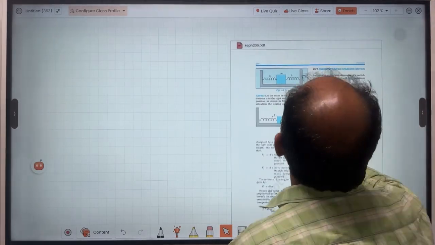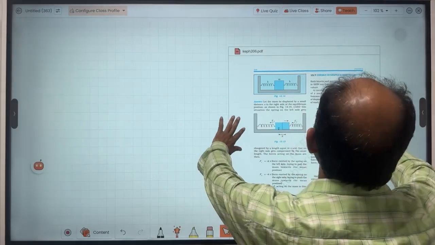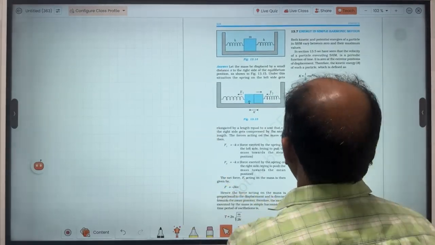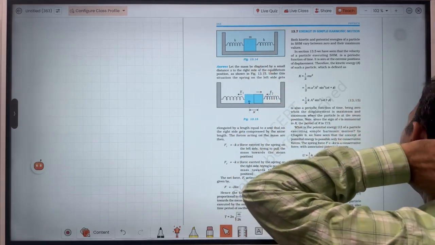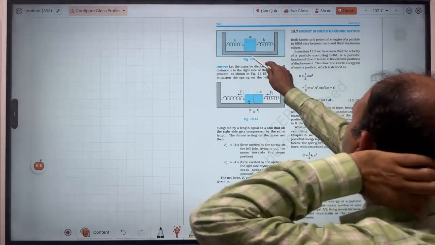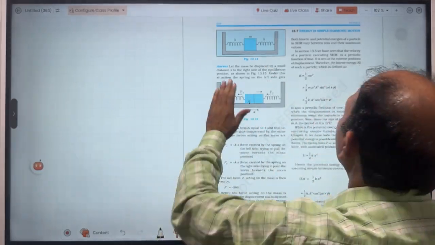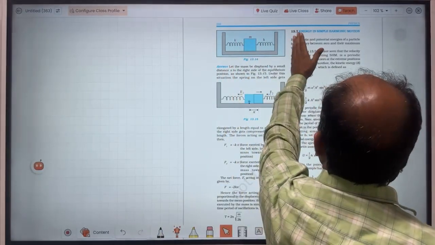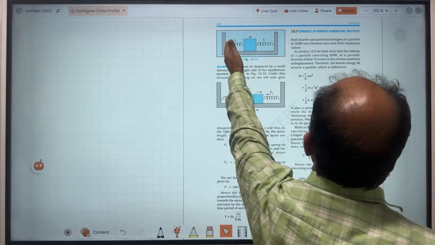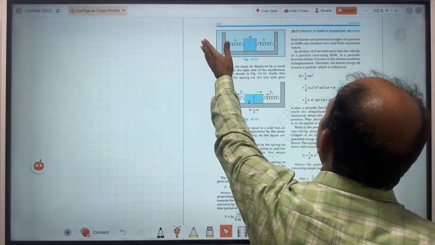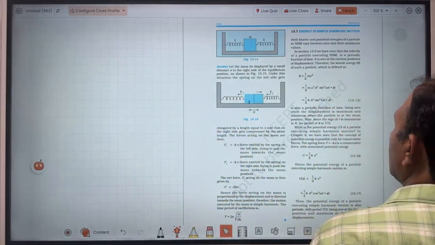Now let's proceed. We consider the motion of a spring. Here there is one mass, and this is one spring, this is another spring. So if you pull it to this side, this spring will get compressed and this will get stretched. And if you do the reverse, the same will happen.